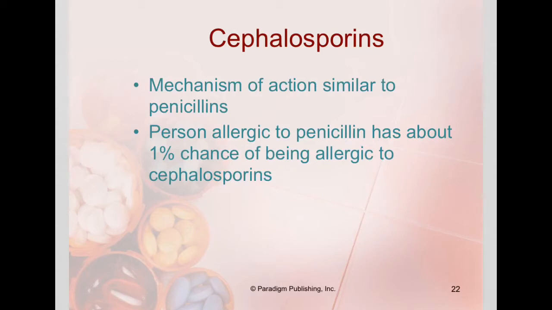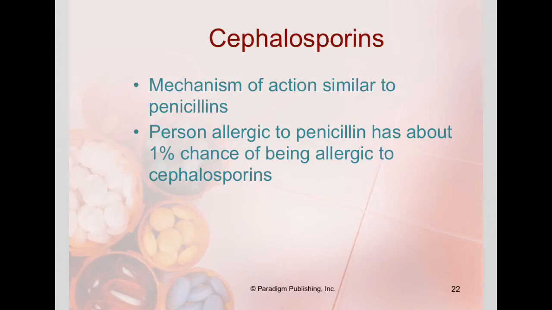The first generation is used for mild to moderate community-acquired infections. This means they acquired it outside of a hospital. Second generation cephalosporins are used for otitis media, just meaning a middle ear infection in children, and for respiratory infections and UTIs.